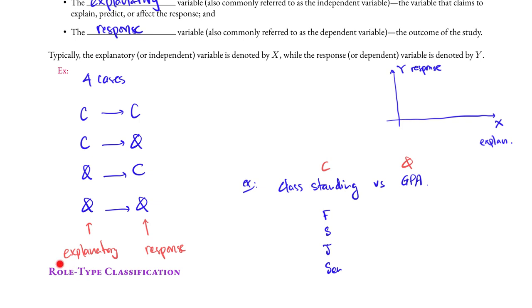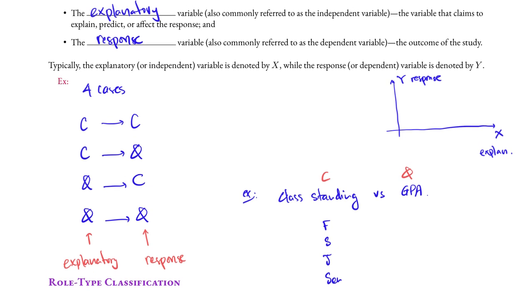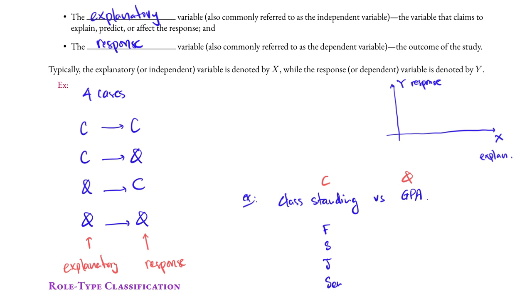We need to determine the role as well. Which one is the explanatory and which one is the response variable? Keep in mind that the explanatory variable is the variable that claims to explain, predict, or affect the response, and the response variable will be the outcome of the study. In this case, the outcome of the study will be the GPA.